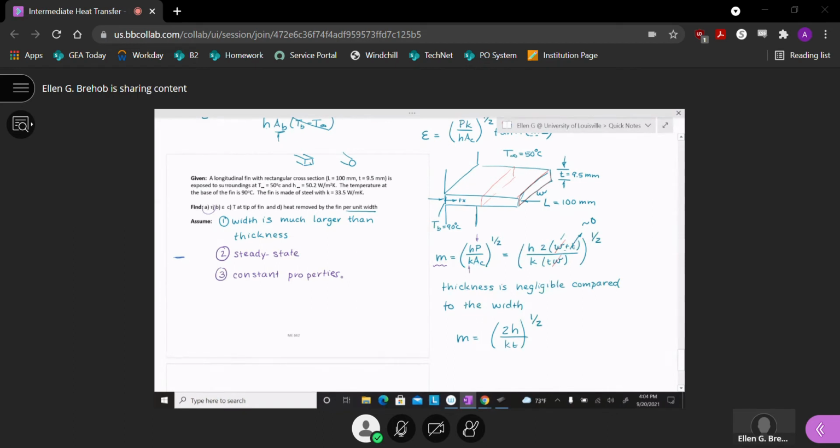We don't have volumetric heat generation, but I think that would be unusual to think that we might. And then we're going to assume an adiabatic fin tip boundary condition.